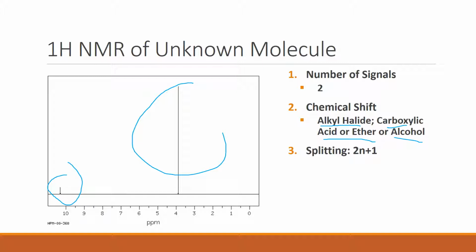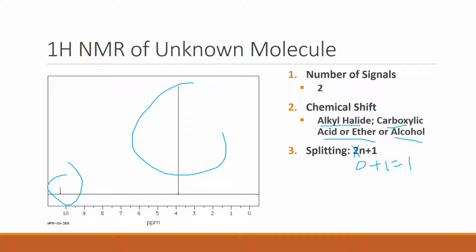All right, and then the next thing we need to look at is splitting. And apologies for this formula. This should be just n plus 1, just making sure you're paying attention. And of course, we have no splitting here. So of course, we'd have 0 plus 1 for each peak, which just gives us 1, which is our one peak.